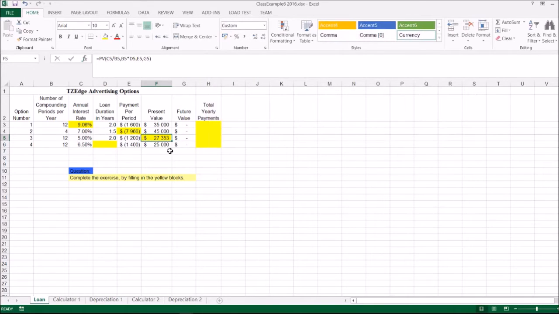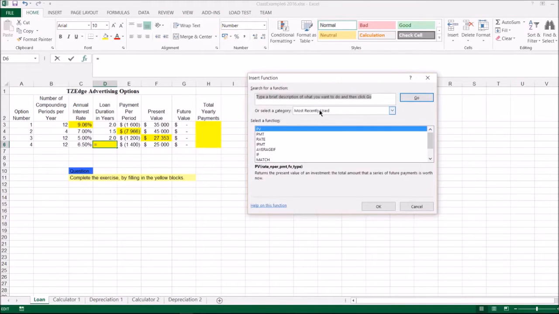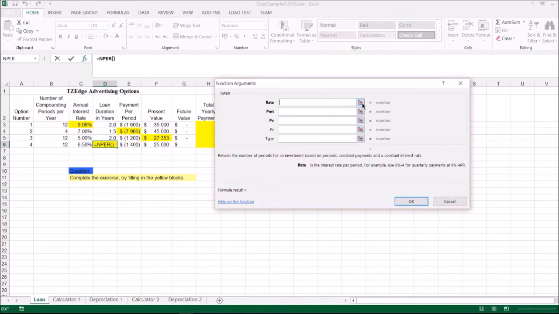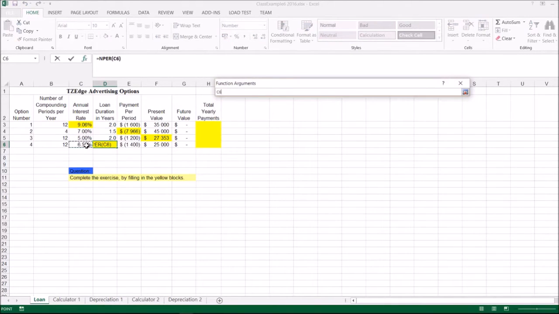Lastly, we're going to calculate the loan duration in years, and to do this we're going to use the NPER function. So go and search for that function, and once again for your rate you're going to divide your annual interest rate by the number of compounding periods per year.